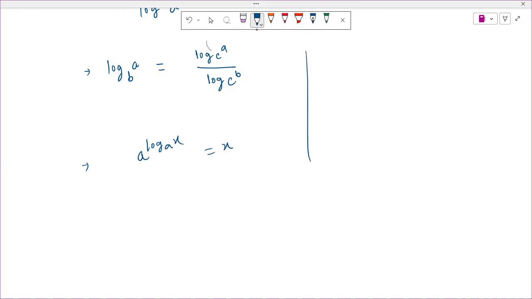We have a space here. Log of a to the power n... I think leave it.